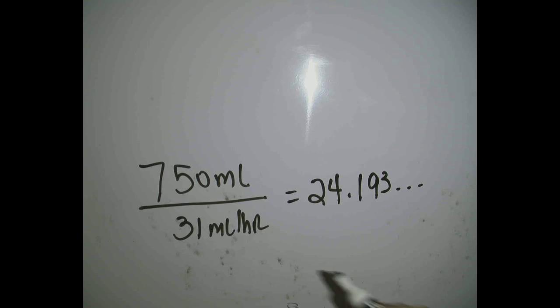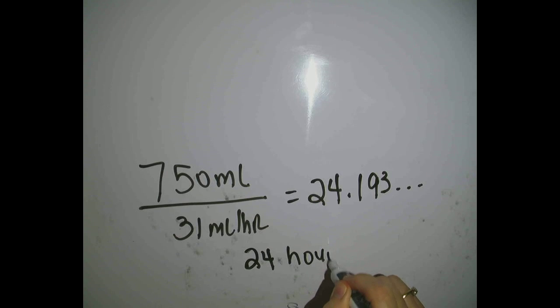So we would round this down to 24 hours, but another thing I would want to note here is if you did have a number greater than 24, you're not going to leave a bag of IV fluids hanging greater than 24 hours. So just realize, even if the bag could theoretically last more than 24 hours, you would change the bag at the expiration of the 24 hours.